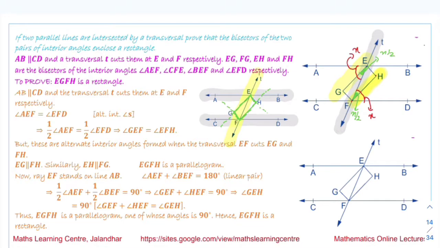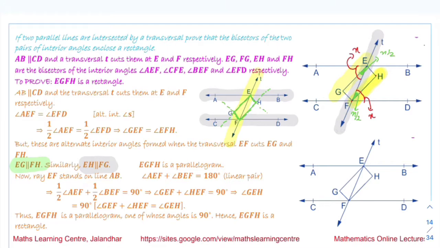Now these two angles are x by 2 and x by 2 that I have marked with green. So what we get from this is that EG is parallel to FH. With similar reasoning, we can say that EH is parallel to FG.